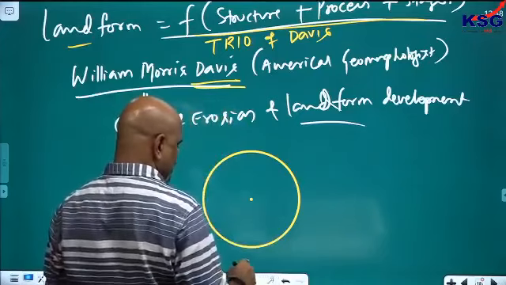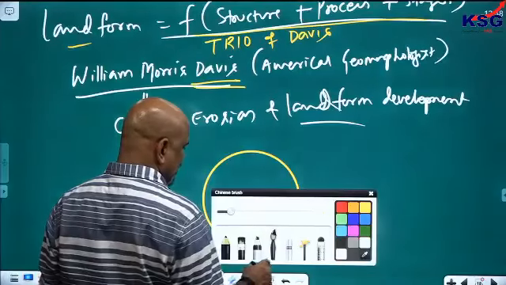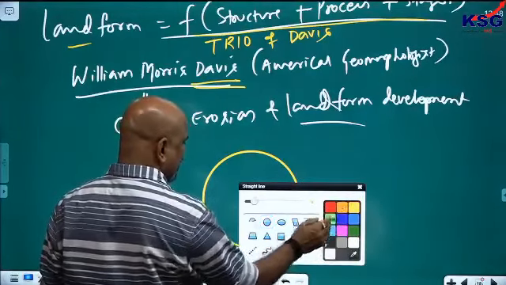In this cycle ये starting point and ending point सब कुछ समान है. Here the starting point and ending point is equal.